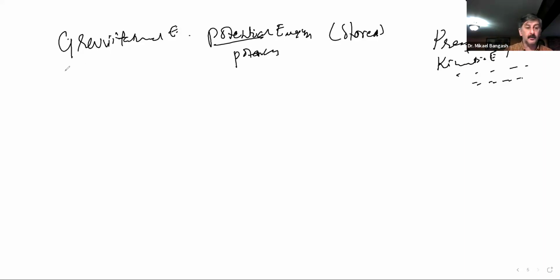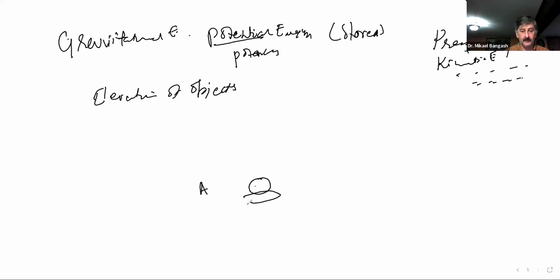Now this is mainly going to be related to the elevation of objects. Now for instance, we have an object here at this point. We can just say it's point A. Let's say this is a ball that you're holding in your hand.